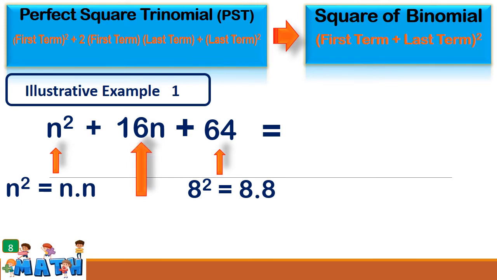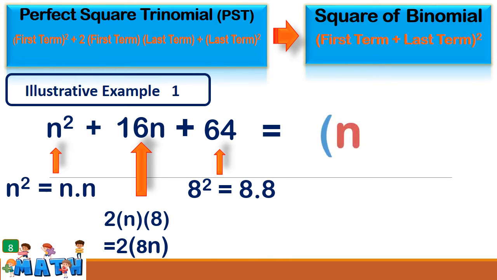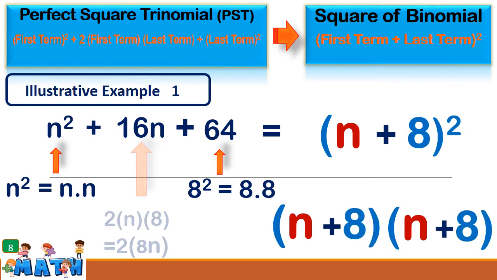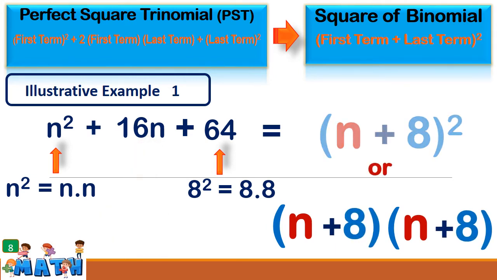And checking for the middle term, so we have n times 8 is 8n times 2 is 16n. So we have a perfect square trinomial. And writing the factors following the pattern, so the first term is n and the last term is 8. So we have the quantity n plus 8 squared or n plus 8 times n plus 8, which is the square of binomial.